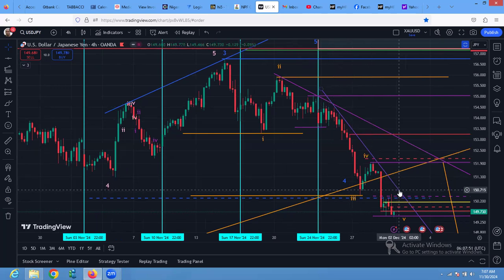When we break this, it's a first indication that we may be done with the wave 3. But when we now come to this area, without breaking this, the so-called fourth structure, we might say then the price will drag and waste more time here to come up to consolidate, to do a big 4. We may get one more drop to do a 5 and before we go up.